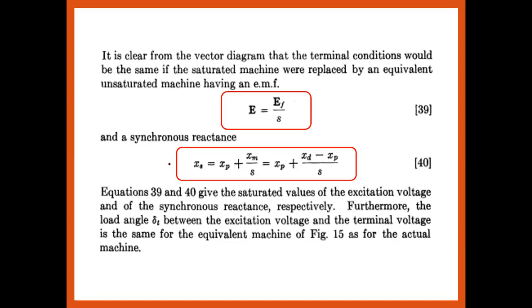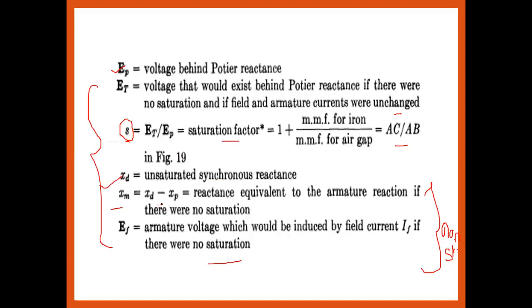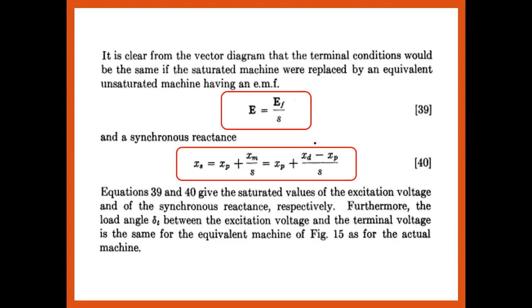And the synchronous reactance? XS is equal to XP plus XM upon S. XM is XT minus XP, so XS is XP plus (XT minus XP) upon S. So from the above equation we are able to find the saturated reactance and the saturated EMF, or the excitation voltage, for the saturated condition.